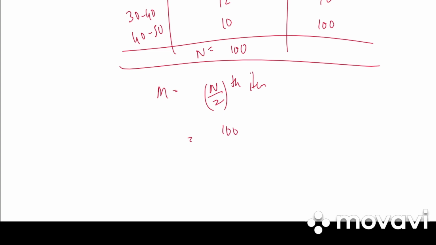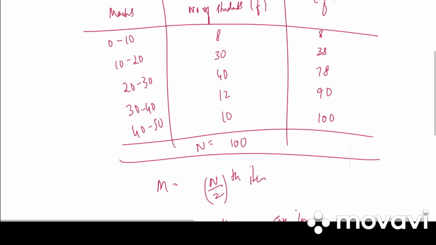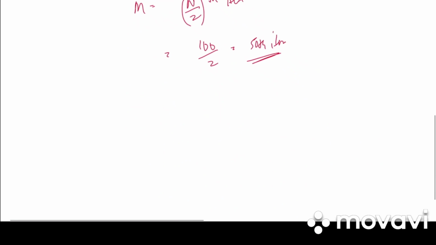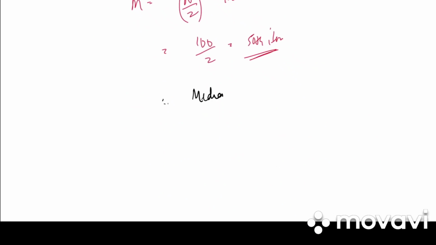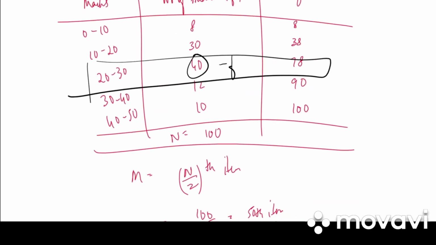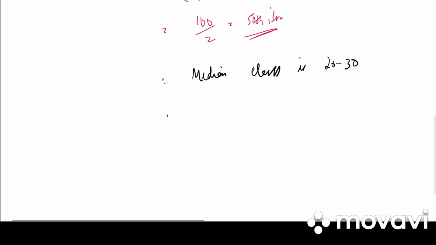So M is equal to n by 2 item. N is 100 by 2, that is 50th item. Go to cumulative frequency. 50 means the next cumulative frequency is 78. Therefore median class is 20 to 30. So frequency will be 40. CF is 38. So what is the formula?